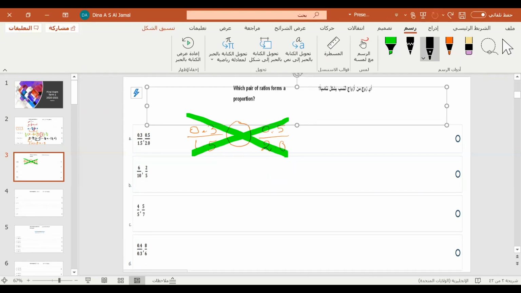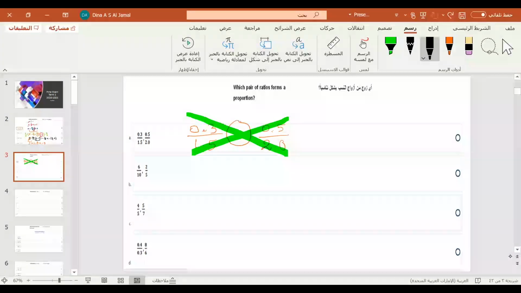Then you can have already your answer as the following. If you multiply 1.5 by 0.5, it will be 3/4. If you multiply 0.3 by 2, it will be 3/5. And they are not equal, so they are not a proportion. You will do the same for the rest.